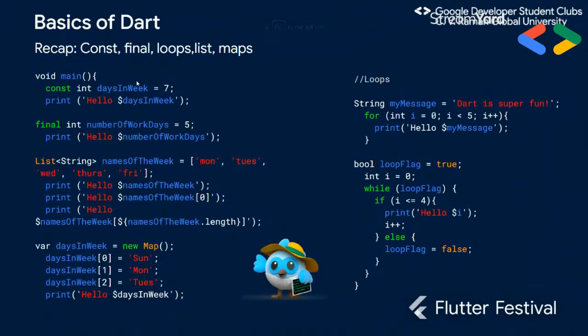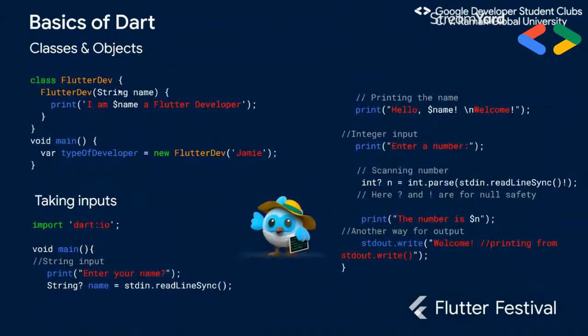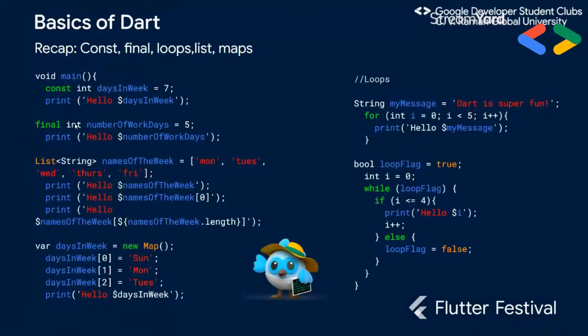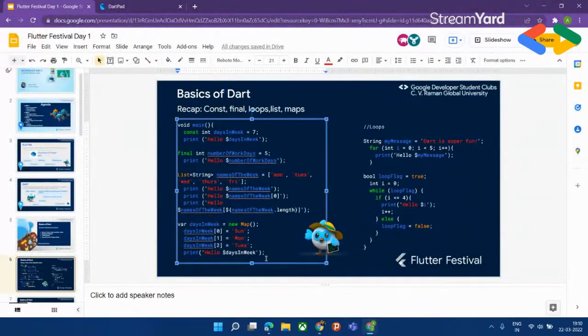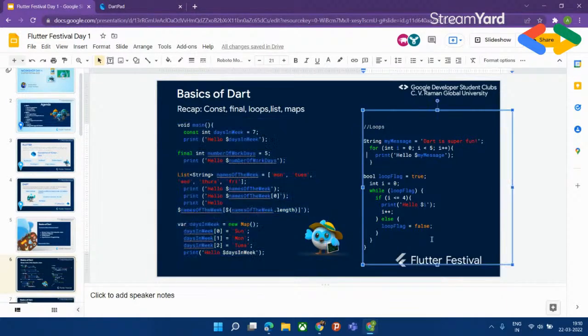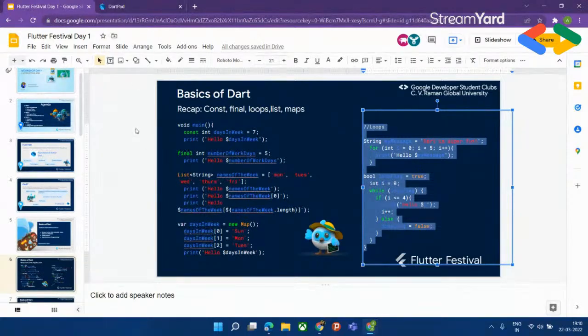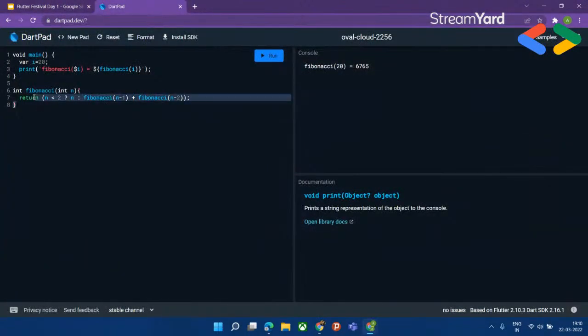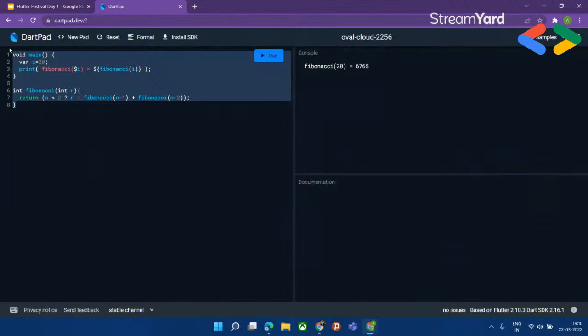So the basics of Dart, this is the code that we are going to practice. So let's paste it, and I'll explain each and every function about it, because it can be time consuming typing all the code at once.